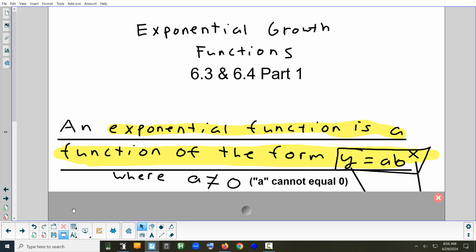Now it is important, this a and b, they can't just be any numbers you want. There are some restrictions, and I think you have them written down. The a can't be a 0. We can have numbers other than 0, but we can't have a 0.